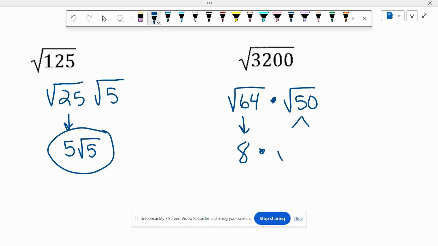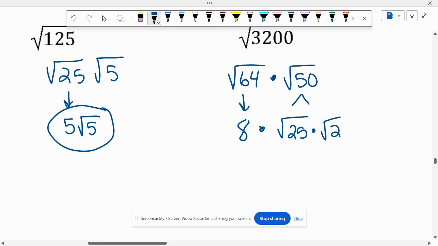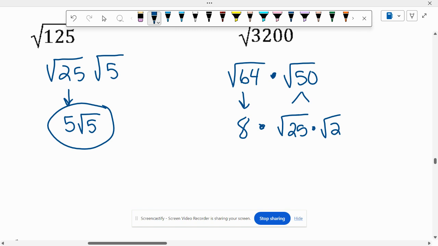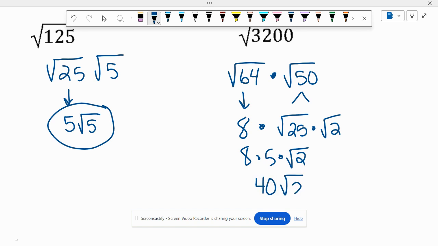The square root of 50 is the same thing as the square root of 25 times the square root of 2. 2 times 25 is 50, right? Okay, so what is the square root of 25? So this is really 8 times 5 times the square root of 2. And what is 8 times 5? So this really simplified all the way is 40 square root 2.